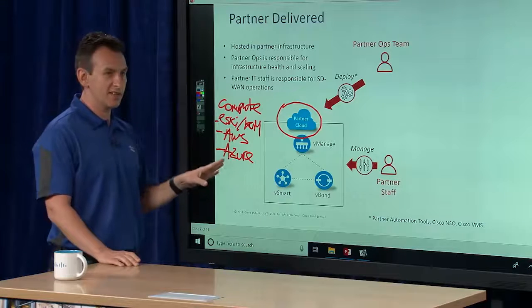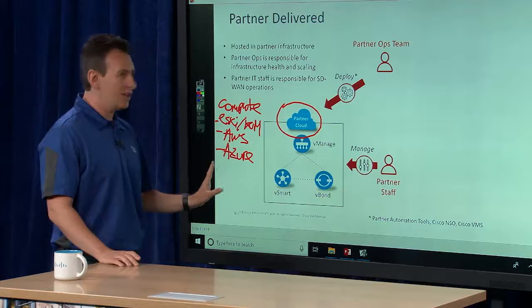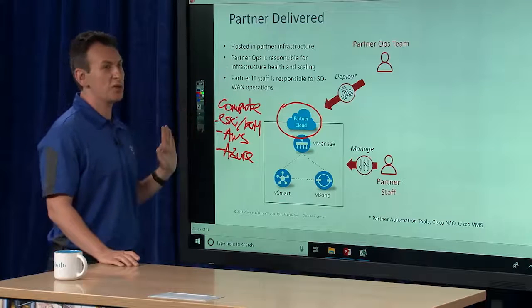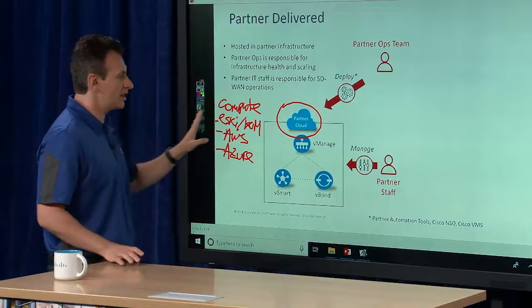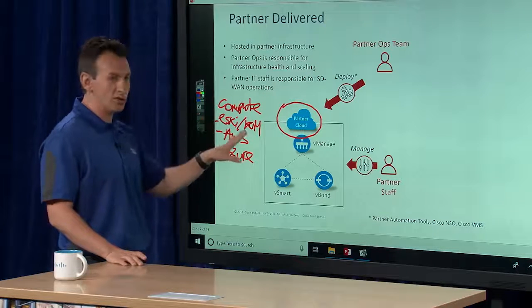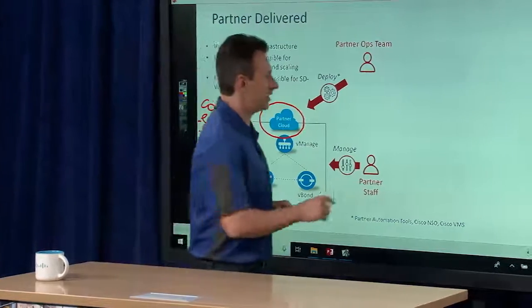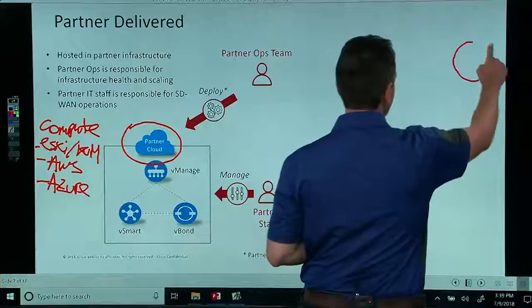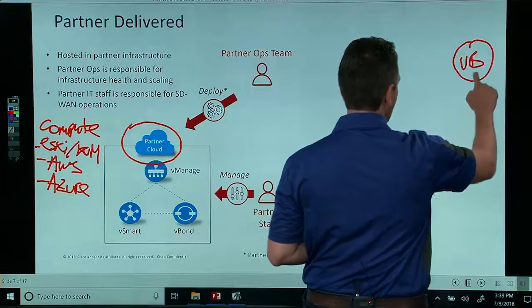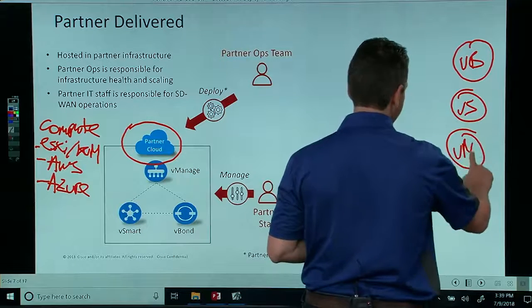Now, this model is not that different from what we talked about before, right? We spent great time discussing the cloud Cisco delivered, but this is relatively the same. It's just that the players have changed. This time, the partner is offering the service of hosting those control elements, and I will draw those again so we're not forgetting those. So what we're really talking about again is the vBond, the vSmart, and the vManage.